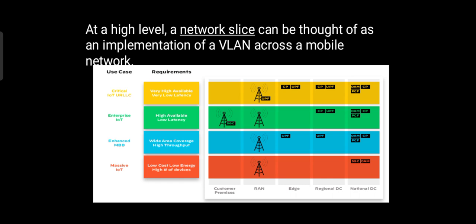So with this diagram, we can understand a VLAN across a mobile network: use cases, requirements, and customer permissions, WAN, edge, regional DC, national DC.